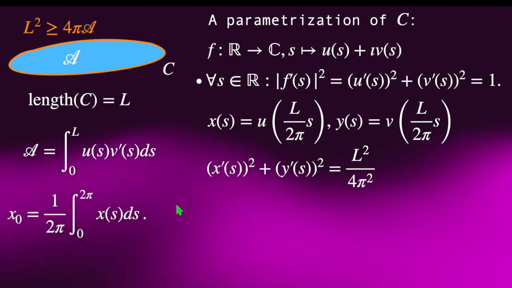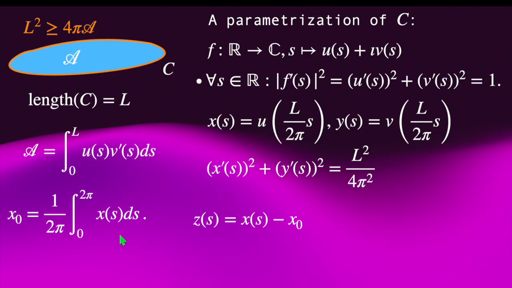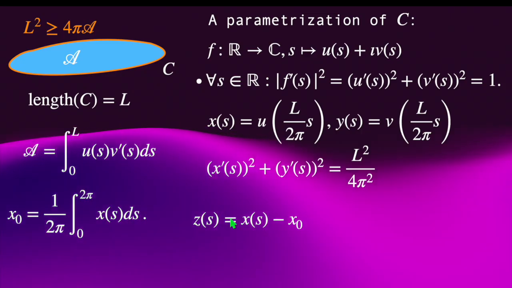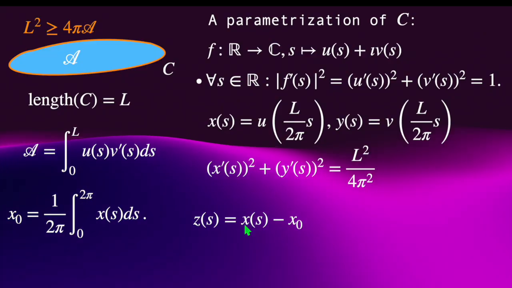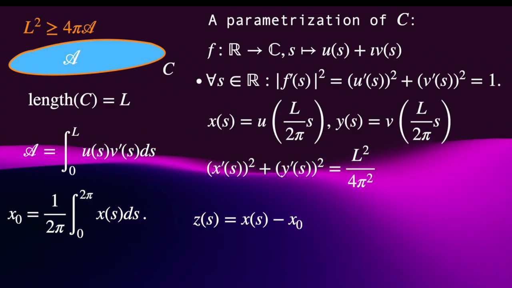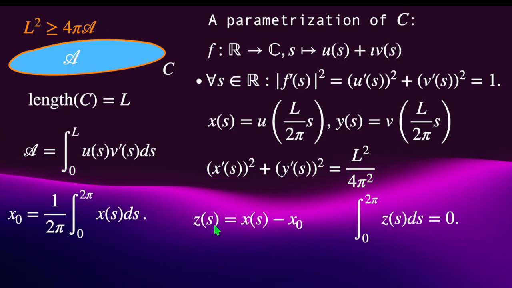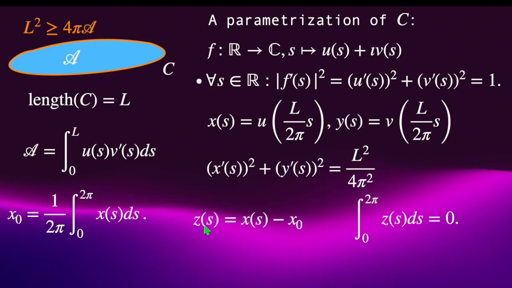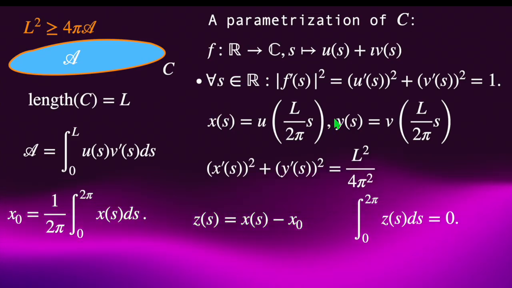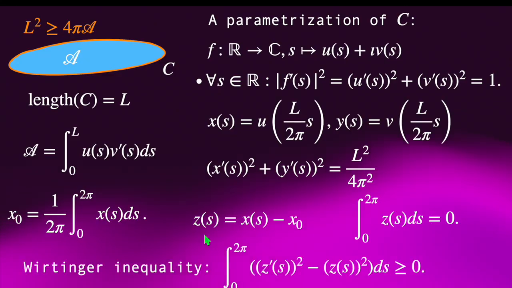Now we consider this constant and we define this function, and we will see that this function satisfies the hypothesis of Wirtinger inequality. Its integral is equal to 0, it's a periodic function of period 2 pi, because we have made a change of parametrization, and we can use Wirtinger inequality to have this relation.